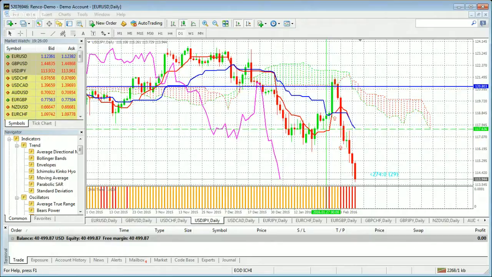Right. So Seller's telling us it is the Tenkan-Kujin cross. Perfect. Well done. That's exactly it. Let me show you what I mean. So this part here, we've got the Tenkan above the Kujin, and it's moving now with the Kujin. They're busy crossing.